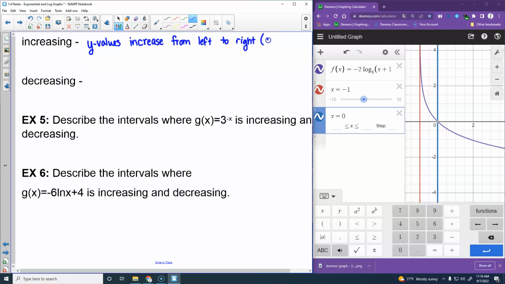So the function will look like it's going up. Right, from left to right, your y values are going up. Decreasing is going to be y values decrease from left to right.